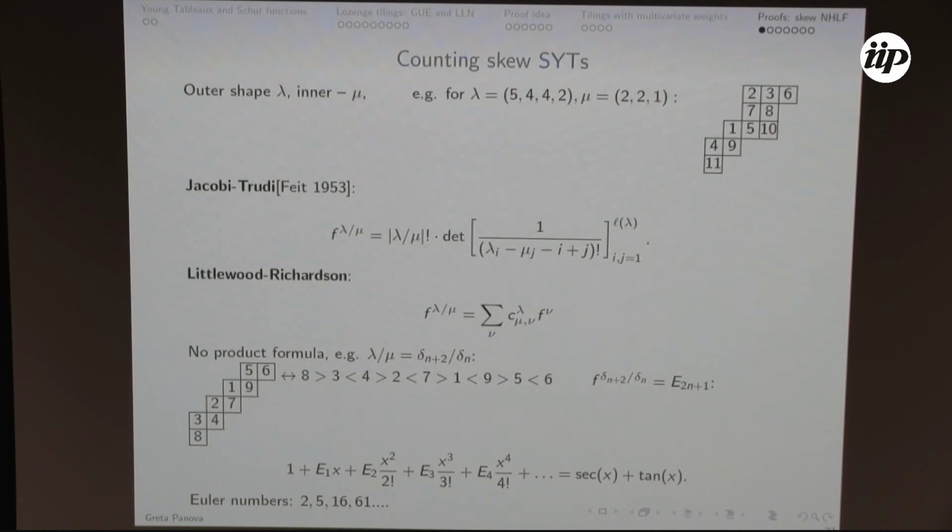And on the other hand, we cannot expect anything nice because we have this type of numbers, the Euler numbers, which have transcendental generating functions appearing, and are also a special case of this skew standard Young tableau, so we cannot really hope for a nice formula.